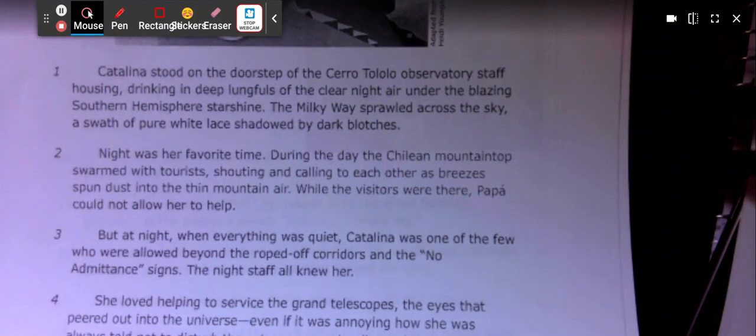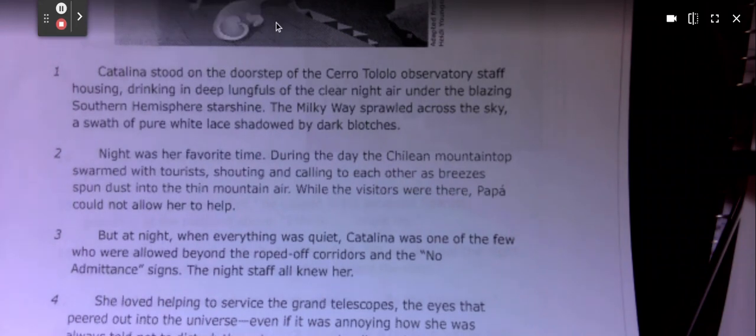Catalina stood on the doorstep of the Cerro Tololo Observatory staff housing, drinking in deep lungfuls of the clear night air under the blazing southern hemisphere starshine. The Milky Way sprawled across the sky, a swath of pure white lace shadowed by dark blotches. Night was her favorite time.